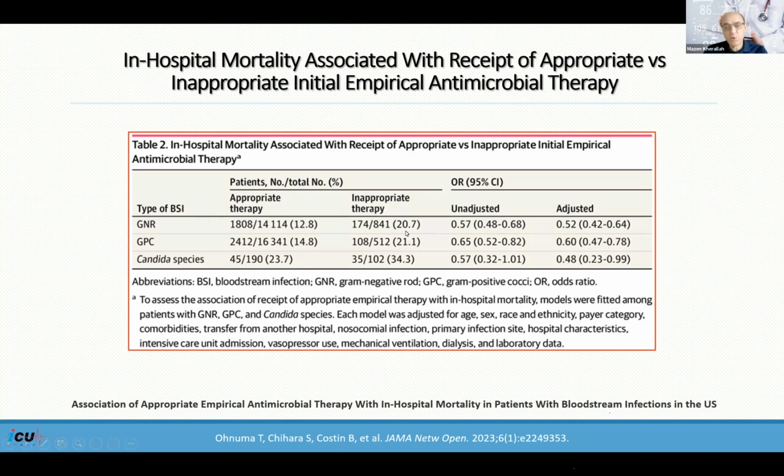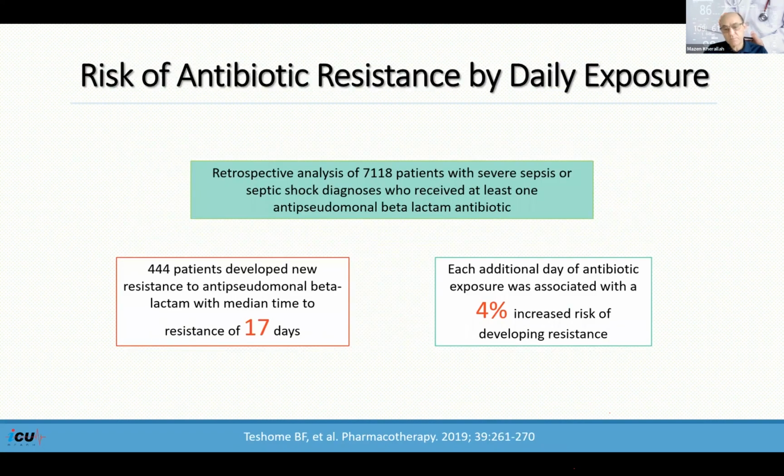If it was not appropriate, it is around 20%, almost doubled. In gram-positive cocci, 15% versus 21%, and in Candida, 24% versus 34%. So it is very important that we detect the organism very rapidly so we can cover the organism appropriately.